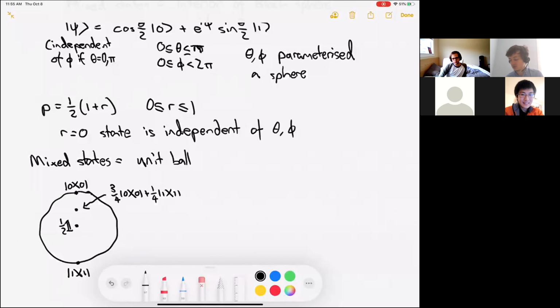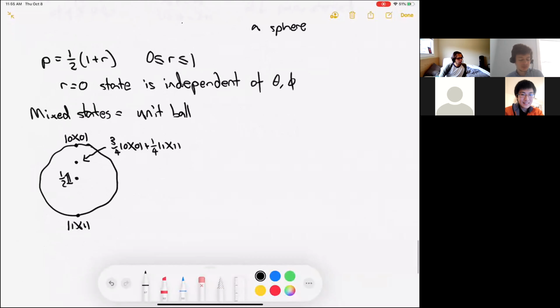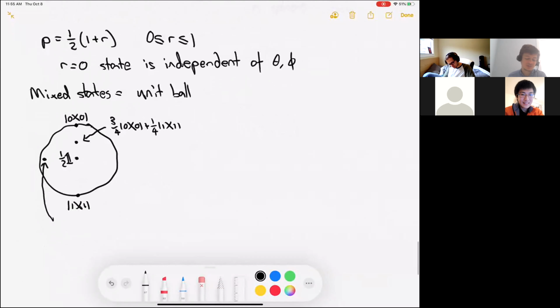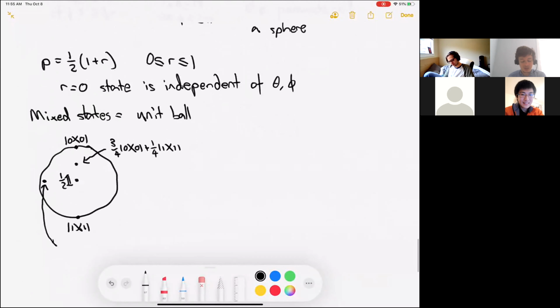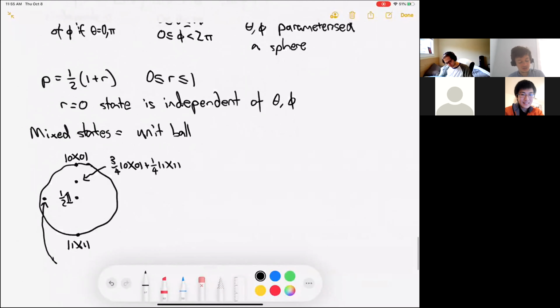Okay. And similarly, let's imagine a state almost out near the boundary over here. R is pretty close to 1, and theta is pi by 2, phi is pi.